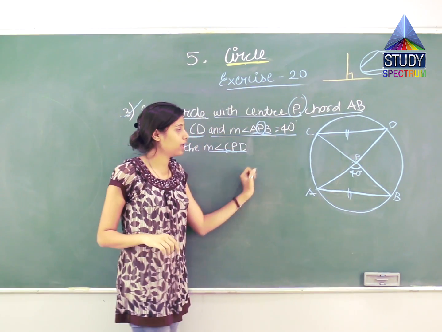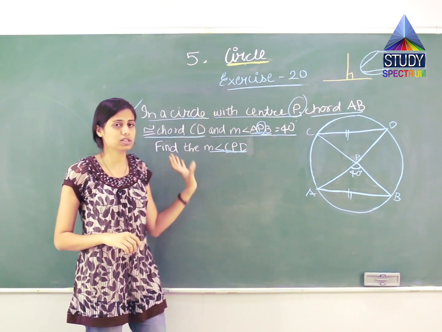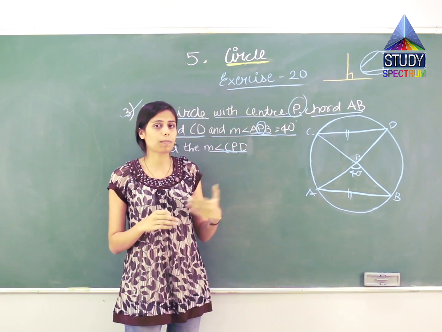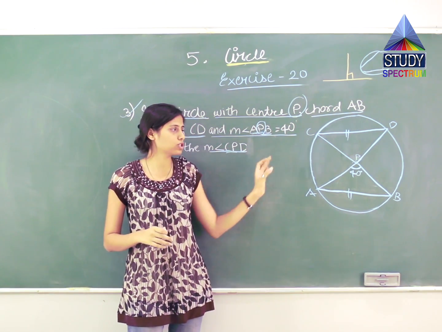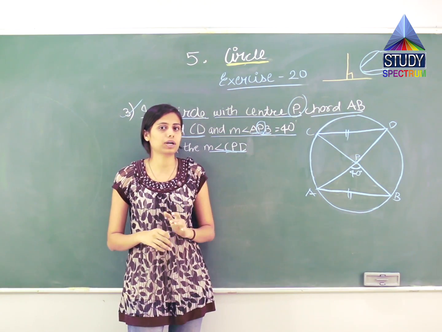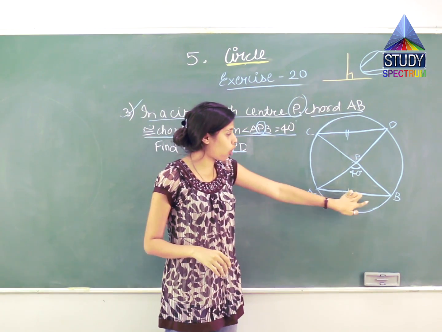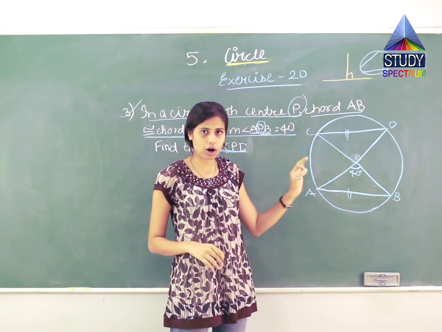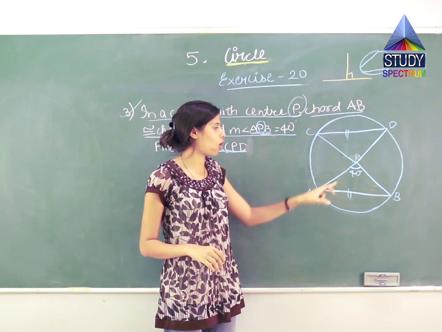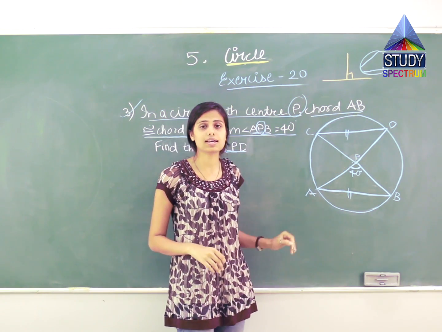So now tell me, looking at this, all the information is given and the diagram, which property will suit this? This is the third property, which is based on the angles, which says that two congruent chords make two congruent angles at the center.